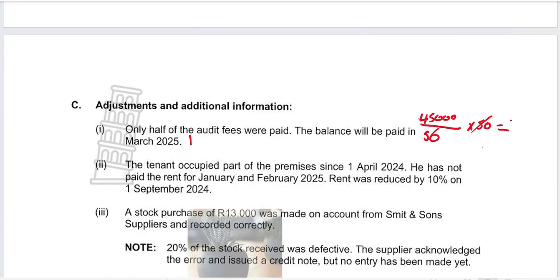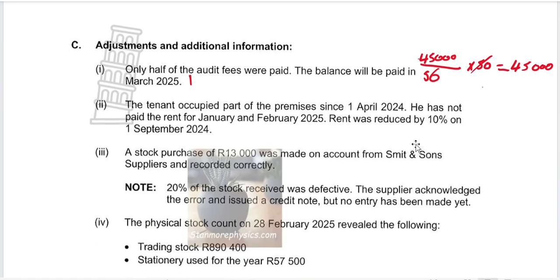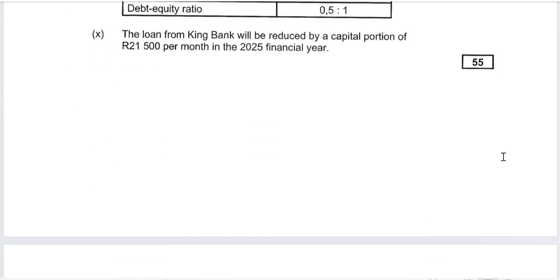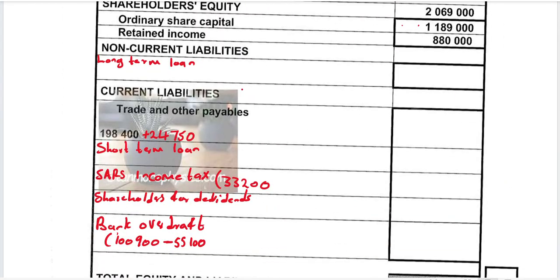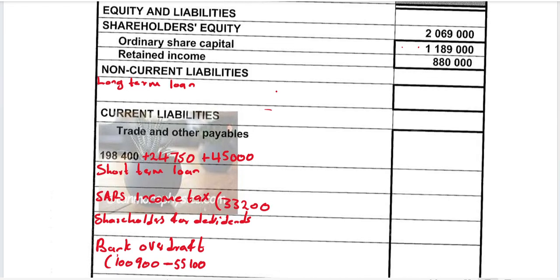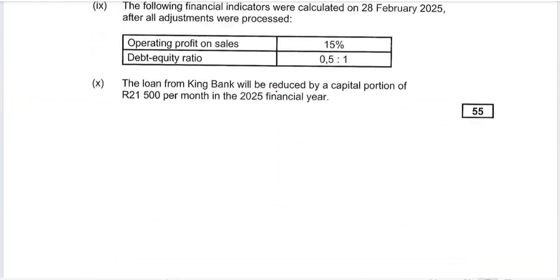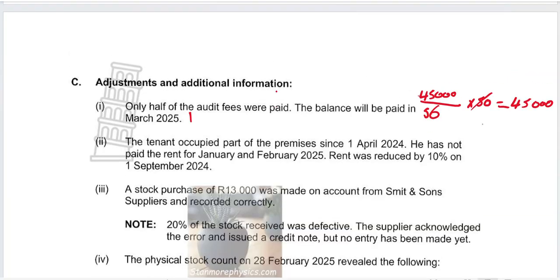This 50 will cancel this 50. It is 45,000. Must go and record it under what? Under trade and other payable. Trade and other payable, we're gonna add plus 45,000. Okay, we are done.